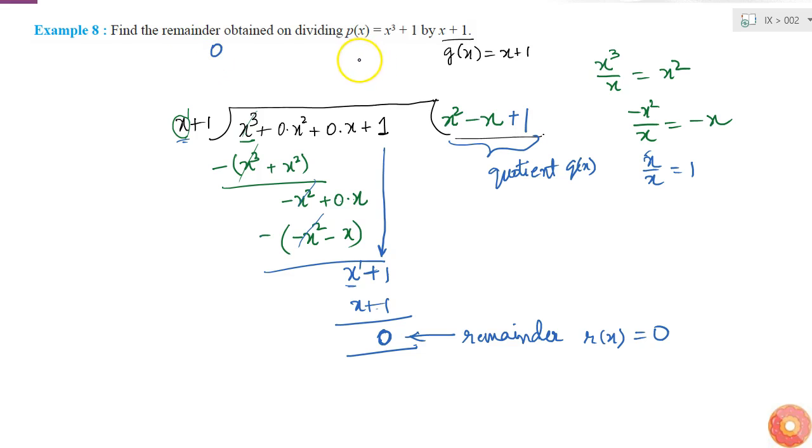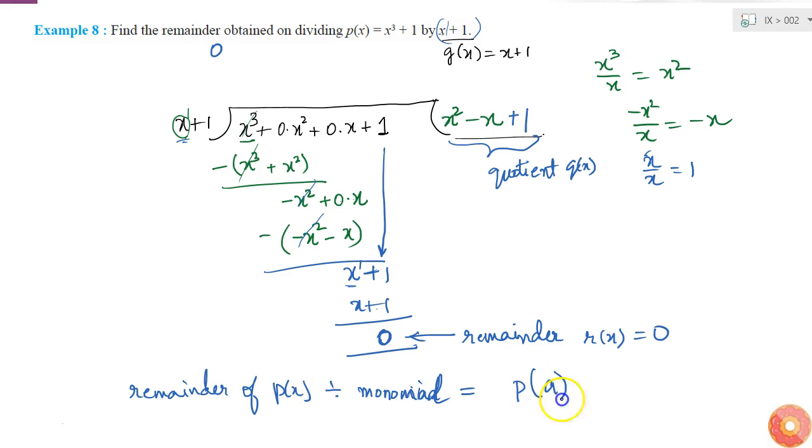There is an easier method to calculate the remainder. Here I have x plus 1, which is a polynomial of degree 1. This is a monomial. So the remainder of p of x when divided by a monomial is equal to the value of p of a, where a is the 0 of the monomial.